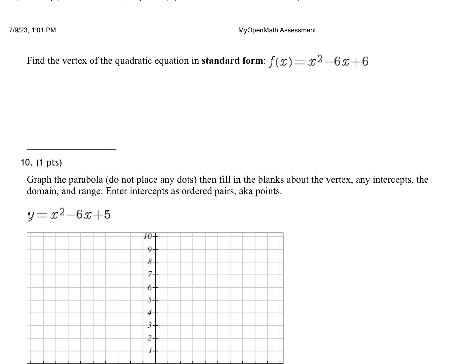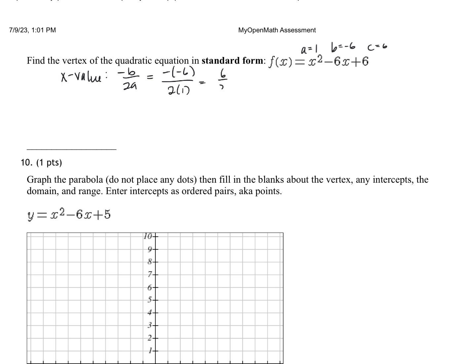Find the vertex of the quadratic equation when it's in standard form. So here, remember you find the x value by using the formula negative b over 2a. A is in front of x squared, b is in front of x, and c is by itself. So this will be a negative 6 over 2 times 1.